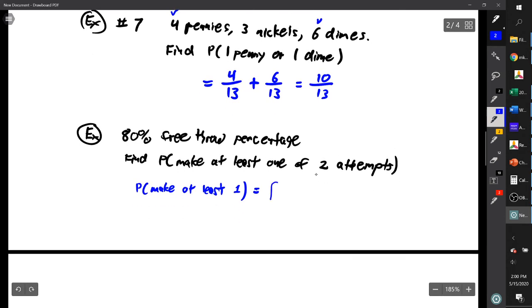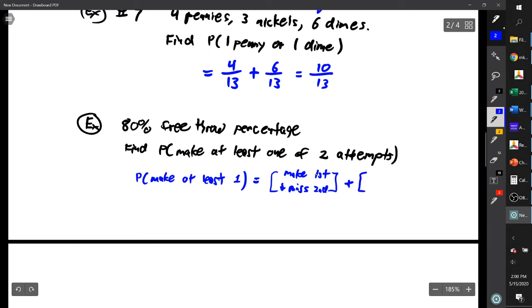They could make the first and miss the second, or the person could miss the first and make the second, or they could make both.